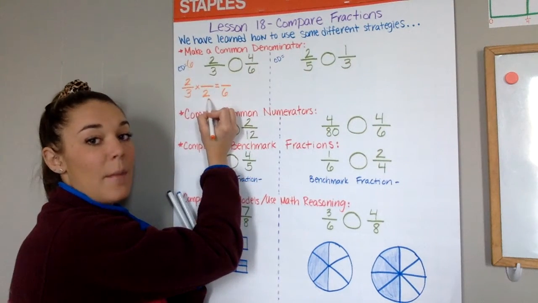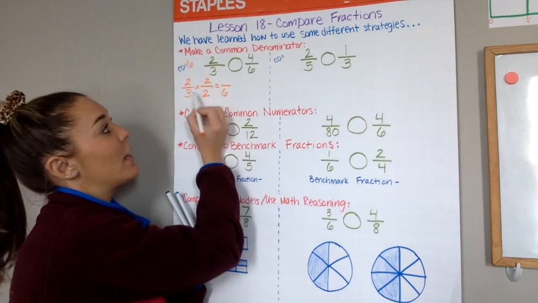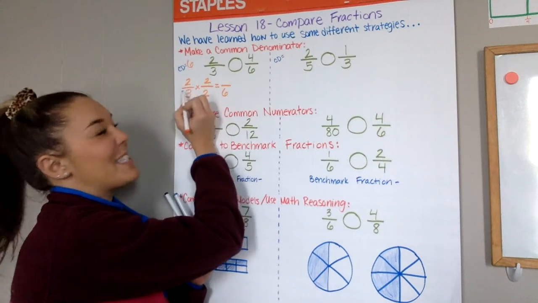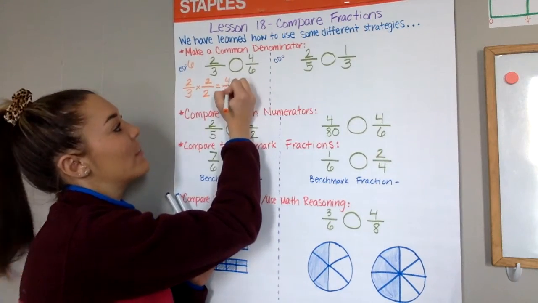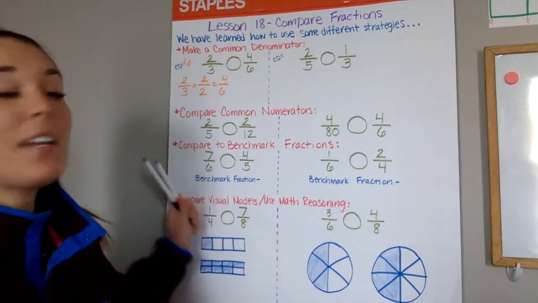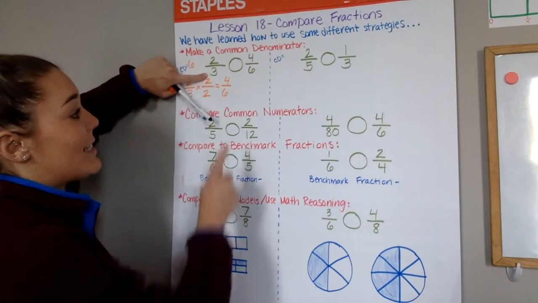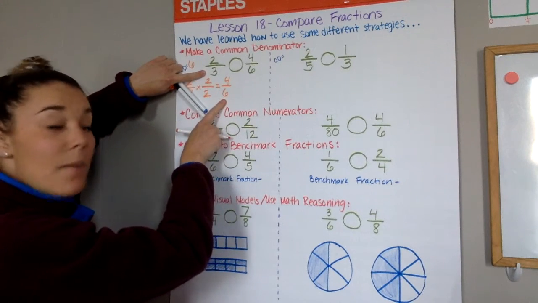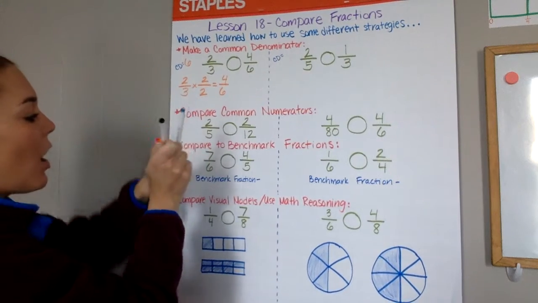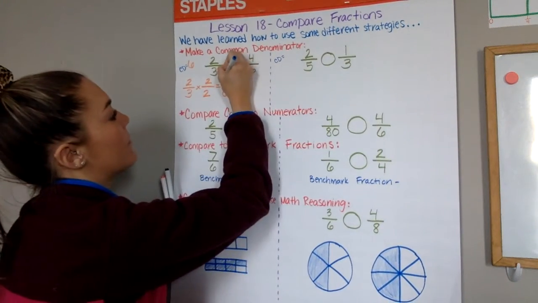Whatever I do to the denominator, I must do to the numerator. 2 times 2 is 4. I gave away the answer. 4. So I know that 2/3 is equivalent, or the same as, 4/6. These are the same.